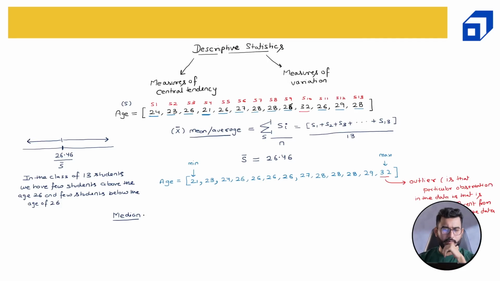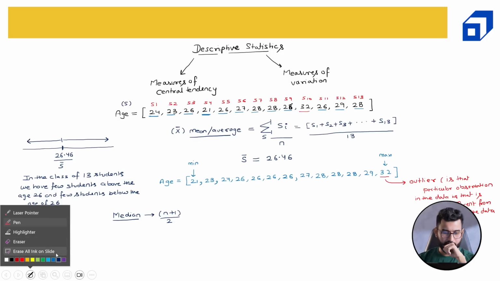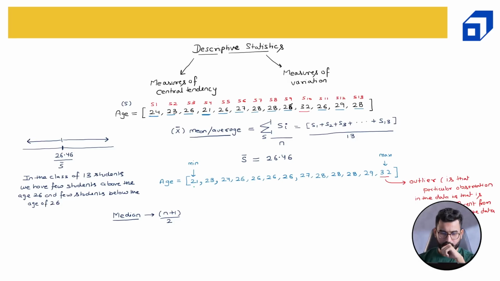How can we find the median? There is a simple formula: n plus 1 divided by 2 if the number of observations is odd. Here we have an odd number of observations, 13. So 13 plus 1 divided by 2 is 14 divided by 2, which is 7. So my 7th observation is the middle point of the data. Let me quickly mark it: 1, 2, 3, 4, 5, 6, 7.